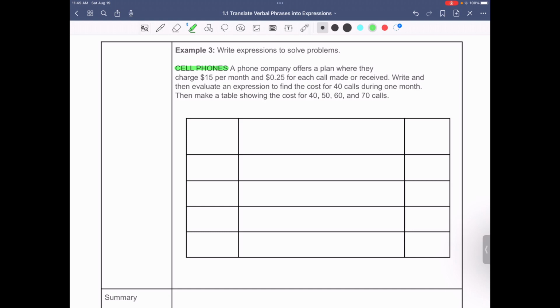Write and then evaluate an expression to find the cost for 40 calls during 1 month. Then make a table showing the cost for 40, 50, 60, and 70 calls.